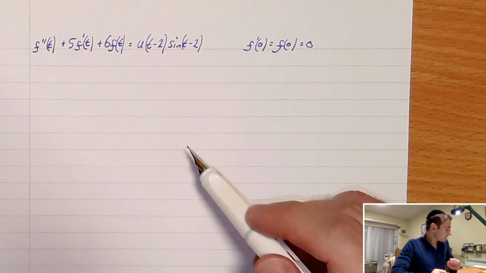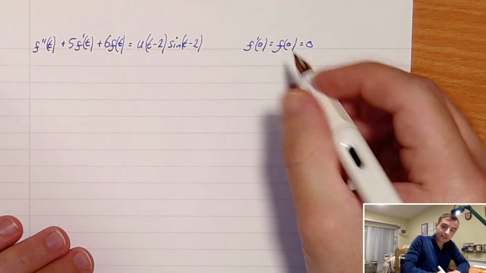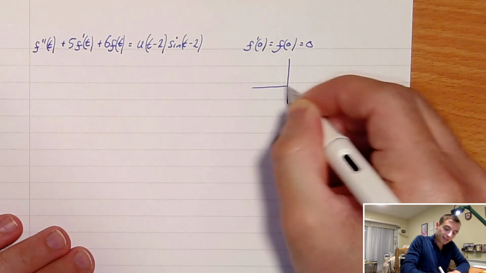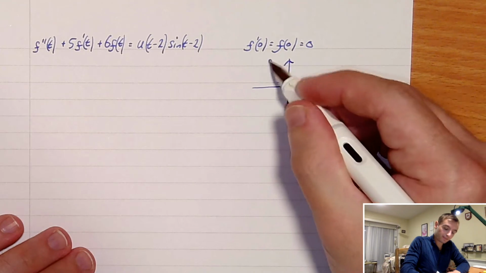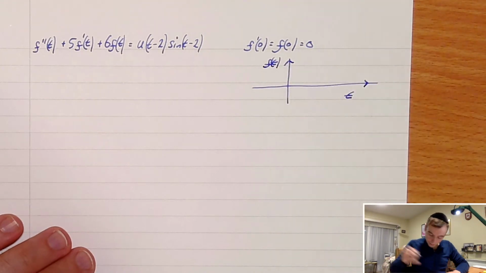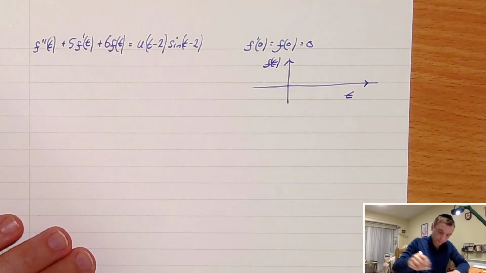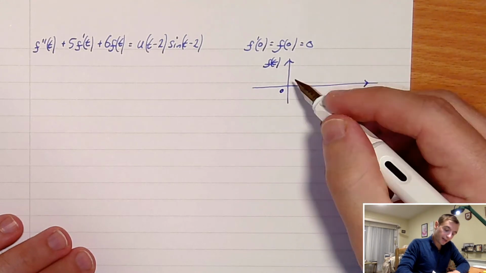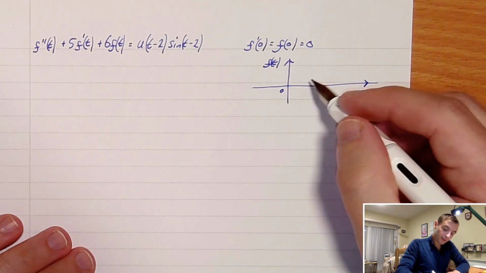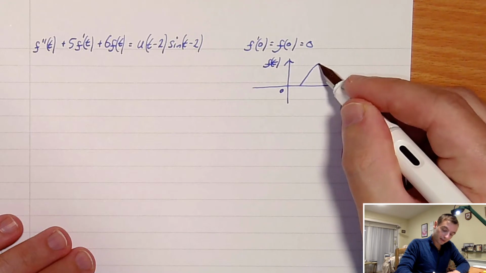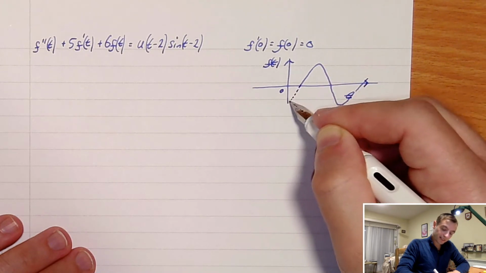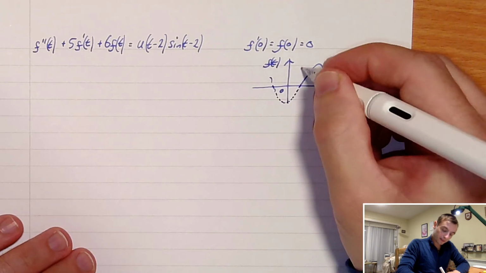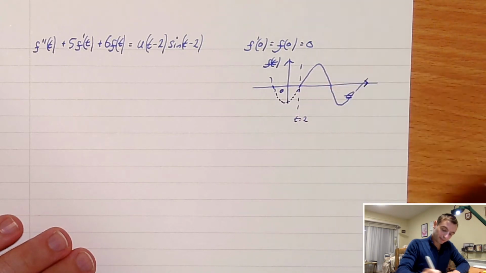So just to get some kind of an idea of what we're dealing with here, if we draw the input, sine(t minus 2) is going to be something like this, and obviously it's going to extend like this as well, this being t equals 2.